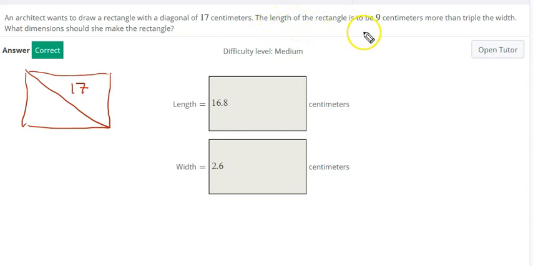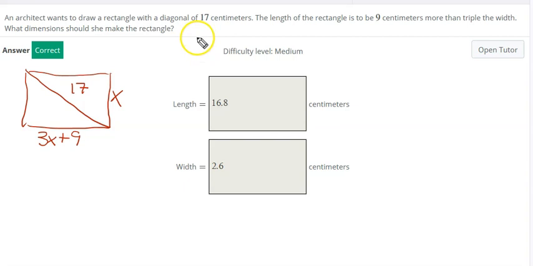Now, the length of the rectangle is 9 meters more than triple the width. So we'll call the width x. So triple the width would be 3x, and 9 meters more, plus 9. So there's our basic setup.